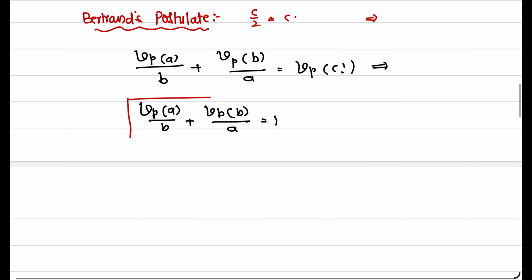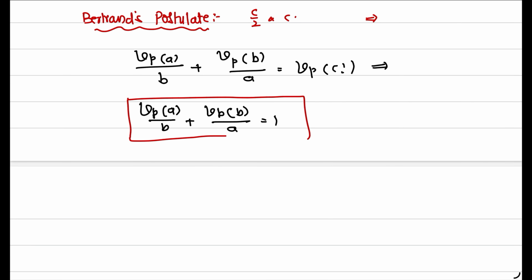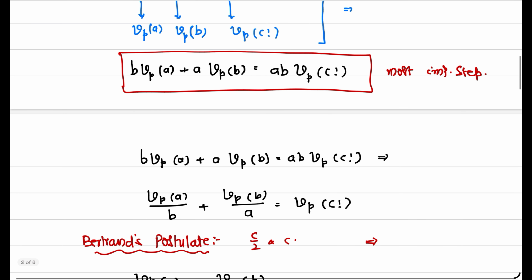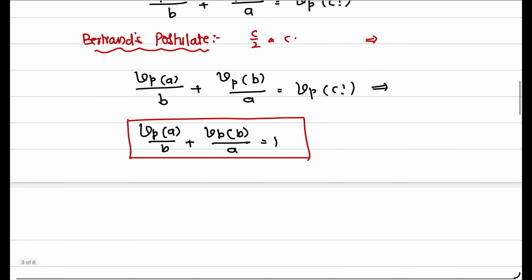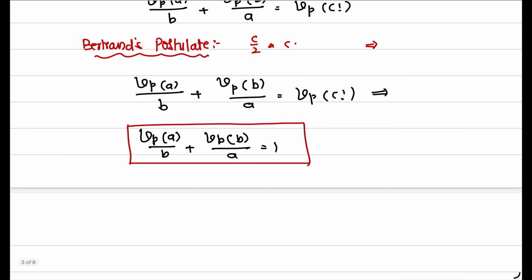This is another important observation we have got from the problem given. We have got two observations. One is B into VP of A plus A into VP of B is equal to AB into VP of factorial C. From that we have derived that, using Bertrand's postulate, VP of A by B plus VP of B by A is equal to 1.